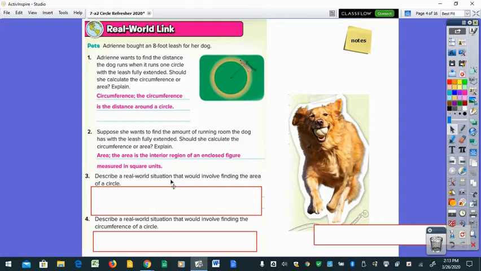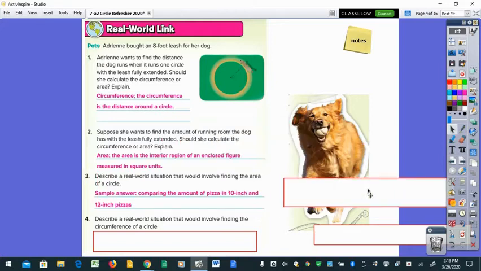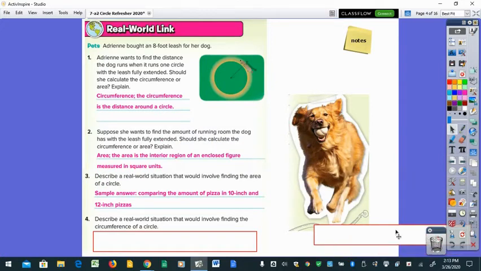So giving another real world example of when you might want to know the area of a circle, I immediately, of course, think of pizza, because who wouldn't? If you wanted to compare 2 sizes of pizza and which one gives you more area, that would be an example. How much more pizza do you get from a 12-inch than a 10-inch?